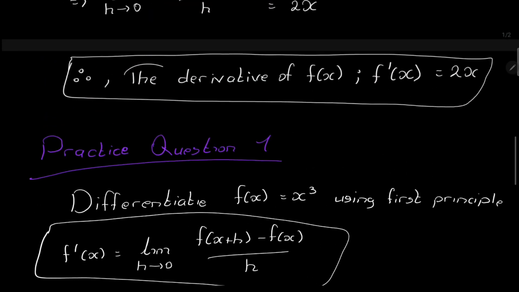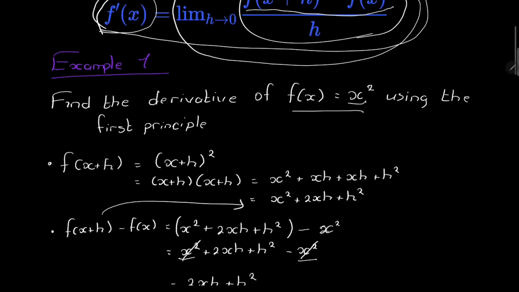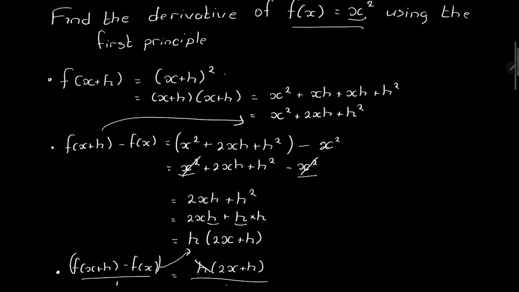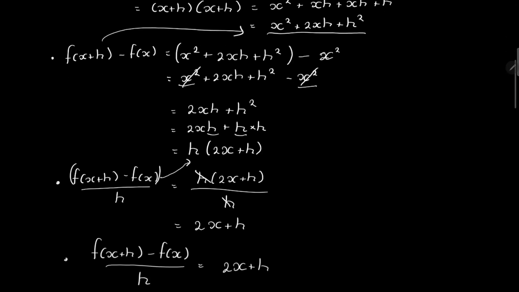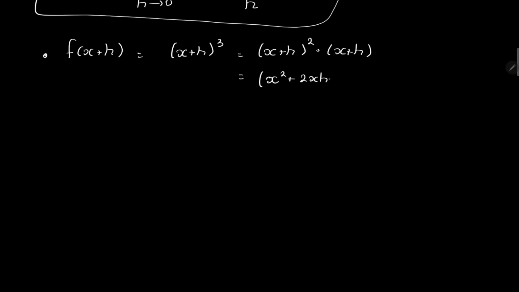Now, if we recall from our first example, x plus h all that square is the same thing as x squared plus 2xh plus h squared. So we are just going to replace it in our second practice question, which is x squared plus 2xh plus h squared, all times x plus h.